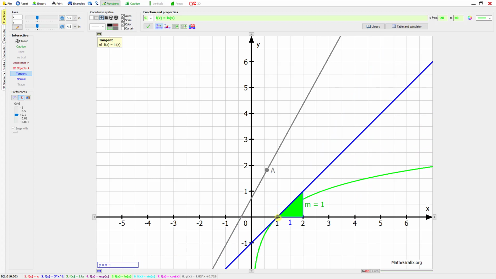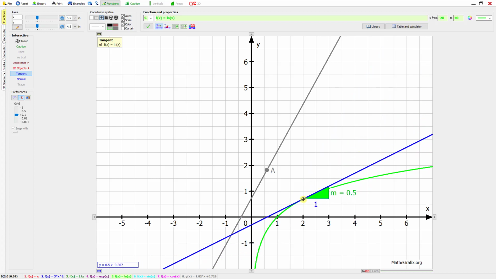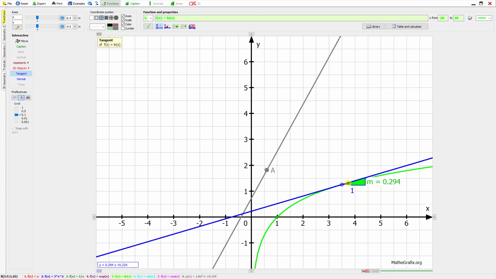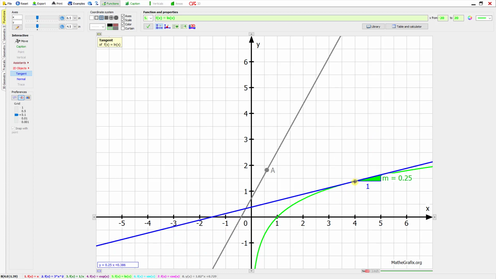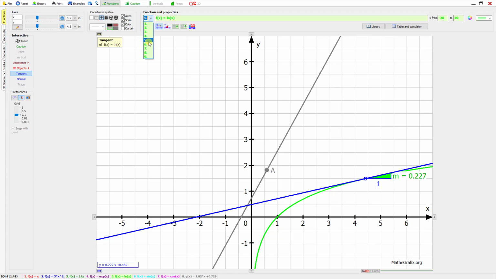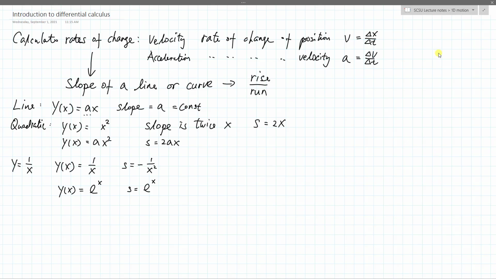X is 1, slope is 1, x is 2, slope is half, x is 3, slope is 1/3. Well, you get that, right? X is 4, slope is 1/4. You get that. And there's also other sine and cosine functions. So you can explore this on your own. I'll provide a link to the program, and you can add any functions you like. So let's now return to our notes.